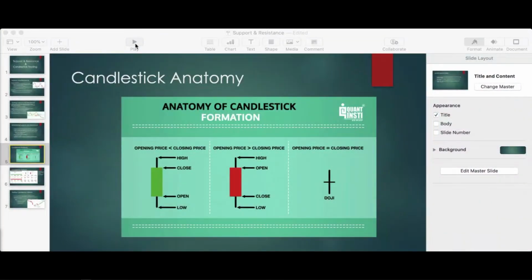Okay, so with candlestick anatomy, I'm just going to go over the basics just in case there are any brand new traders with us today. This is basically how candlesticks are formed. With a bullish candlestick, or a green candlestick, the opening price is at the bottom of the candlestick. You can see it says open right there.